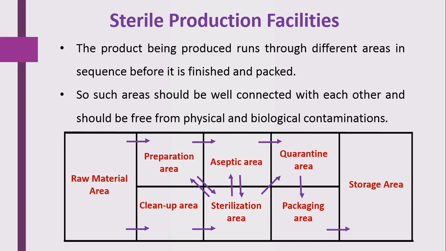Here the formula is compounded. The ingredients sent from the raw material area to the preparation area for formulation are in a quantity based on the batch record, that is BMR, batch manufacturing record.